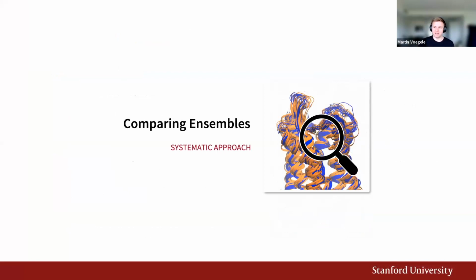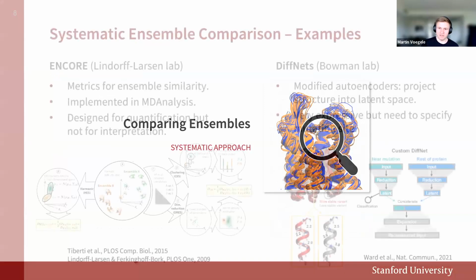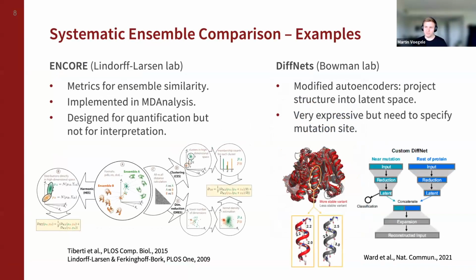And for that, people have come up with several systematic approaches for comparing ensembles. I will highlight 2 of those that have basically inspired PENSA, what we do now. For example, the Ensemble Similarity library from the Lindorff-Larsen lab is a metric for how similar ensembles are.